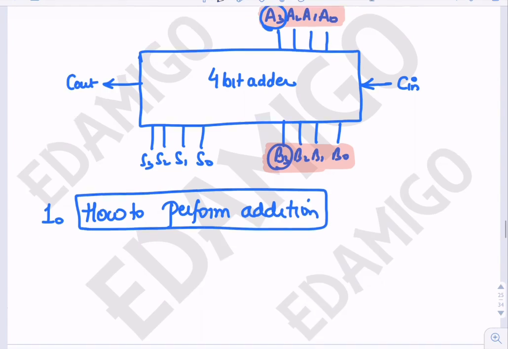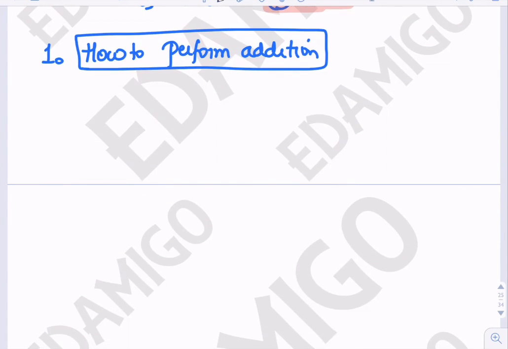First of all, we have to add two numbers. For example, just I'm taking an example. Let's add 7 with -4. So A is 7 and B is -4.